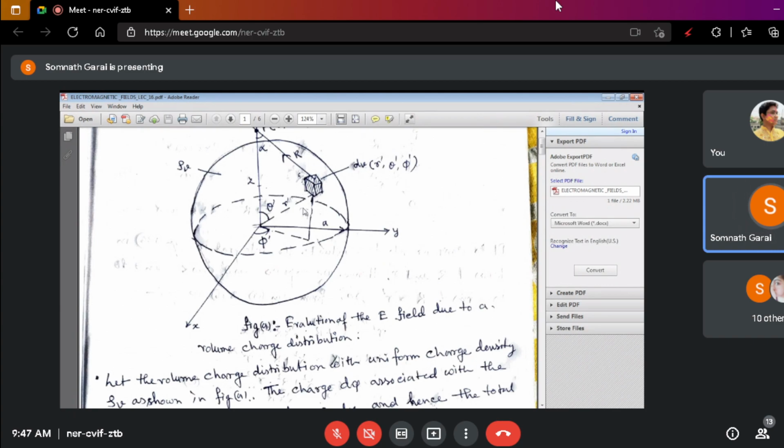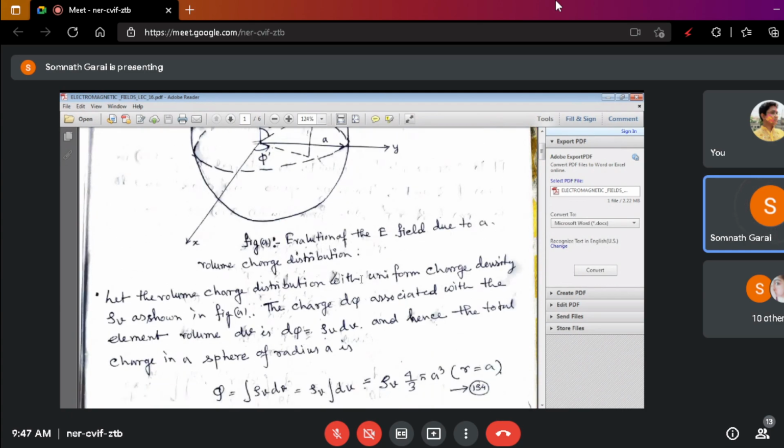First we calculate the differential volume dv and then integrate over it with the specified limits, and then we get the total charge of the volume.